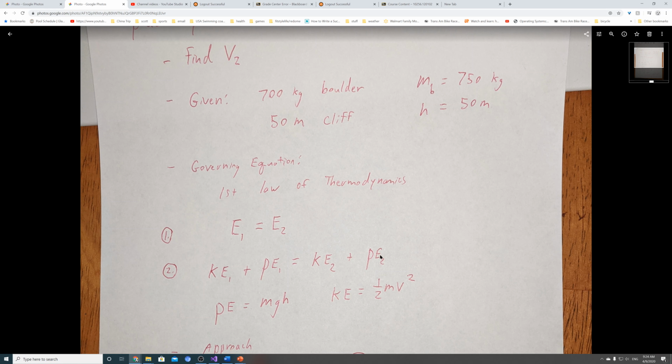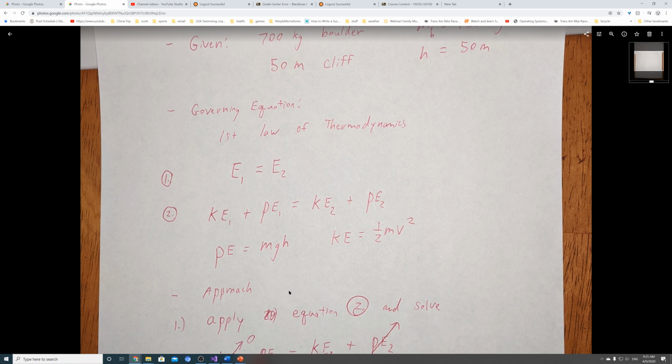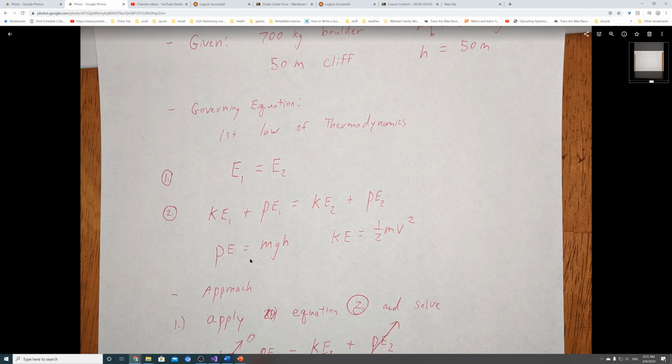Eventually, just before it hits the ground, the potential energy becomes zero, and you're left with just the kinetic energy. The potential energy is mass times gravity times height, and the kinetic energy is 1/2 mv squared. We covered this earlier in the chapter.